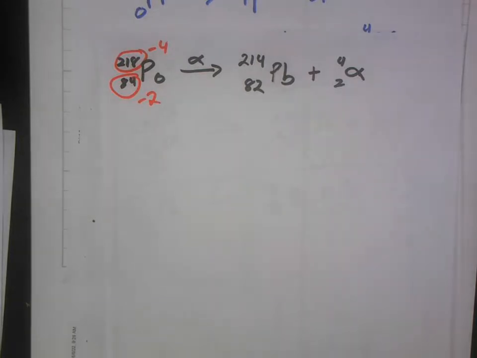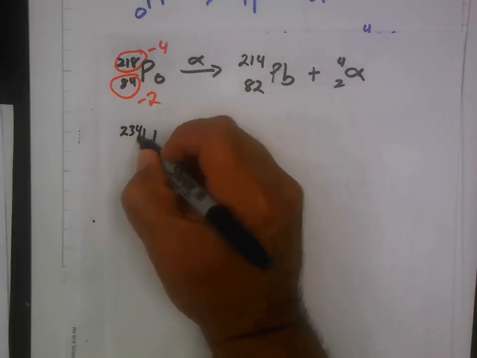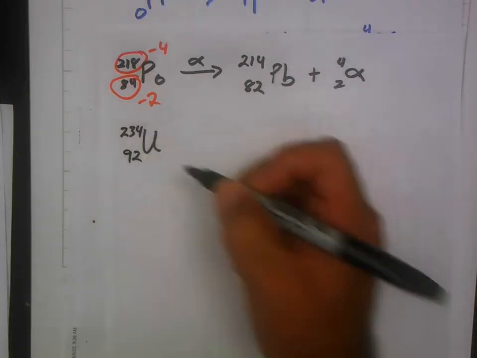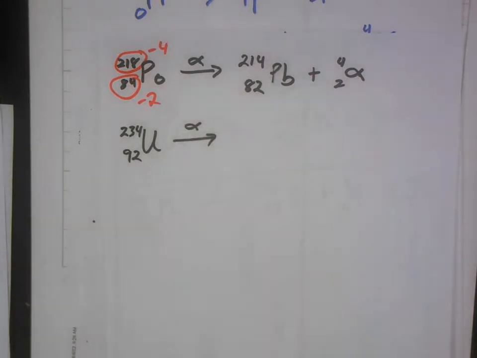Let's do another one. Because I want you guys to see, it doesn't matter what you start off with. If it's alpha decay, it's always done the same way. Let's say we have uranium-234, and this time I'll give you the atomic number of 92.